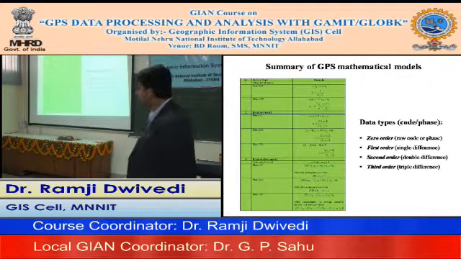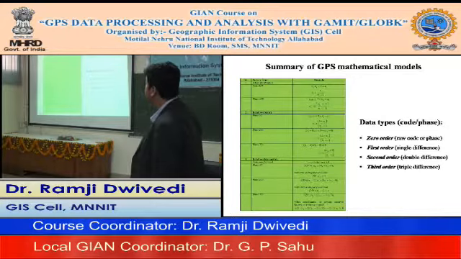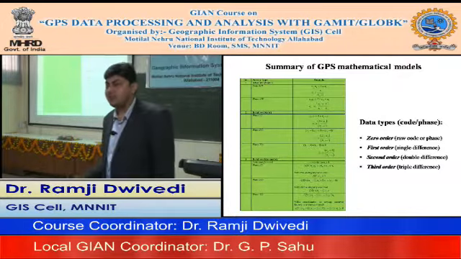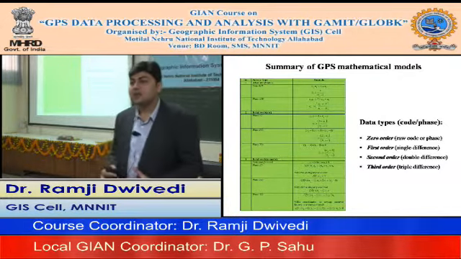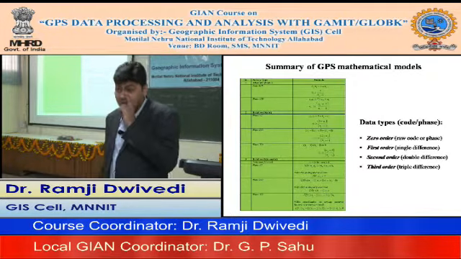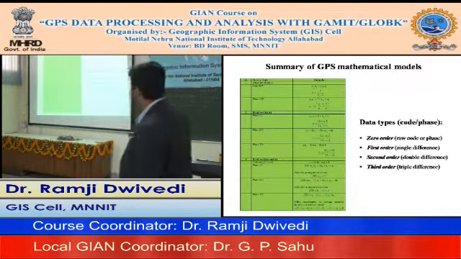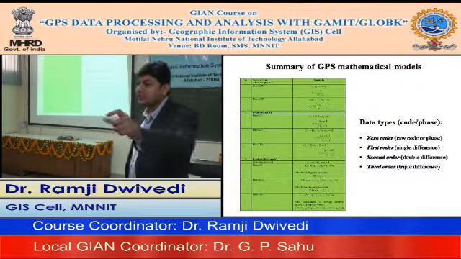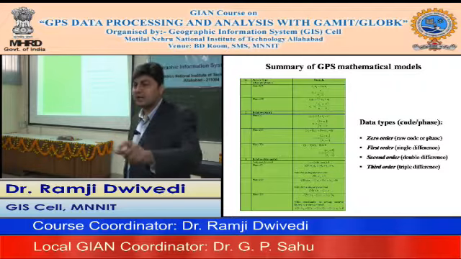Okay, and those who have little understanding of the different orders: although it is written as data type as 0 order, first order, second or third order, we also have design stages of GPS. When we start the design process for establishing a network in our area or for a local study area, we go through the same design orders, which we call zero order design, first order design, second order design, and third order design.